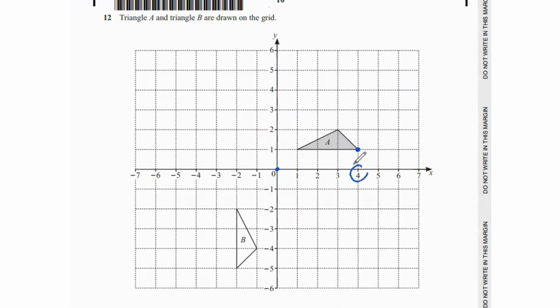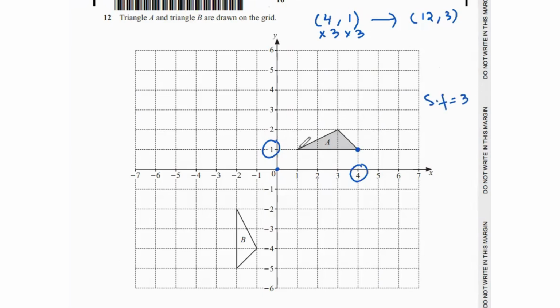Because if you notice, this is 4, 1. So 4, 1 can turn into 12, 3 if we times these by 3. Which means your scale factor is 3.